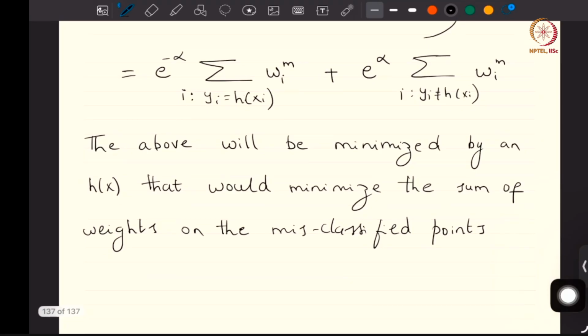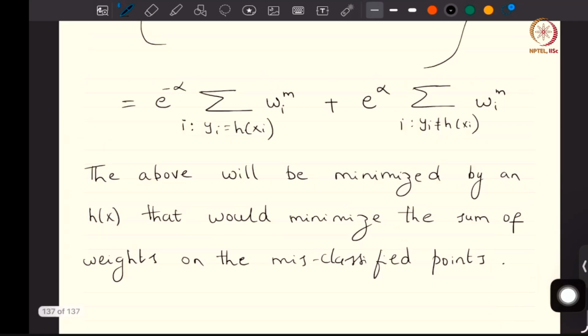Correct? We will have to find a classifier such that the sum of weights of the misclassified points is minimized. So, how do you do this? One way to do it is by sampling, the other way is to tweak the loss function using WIs.